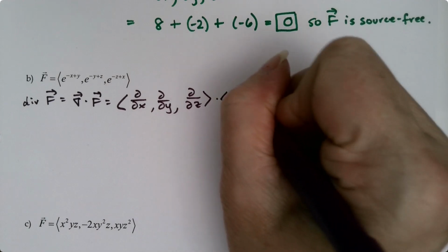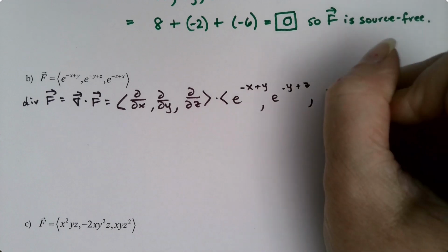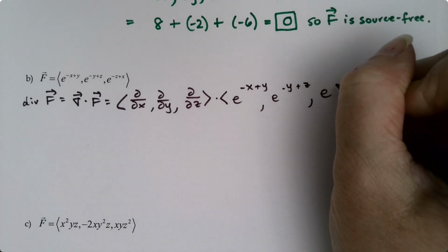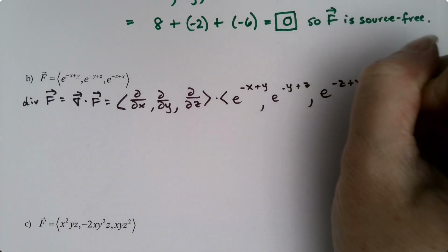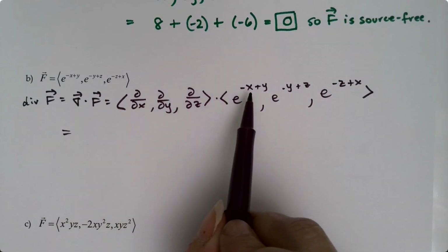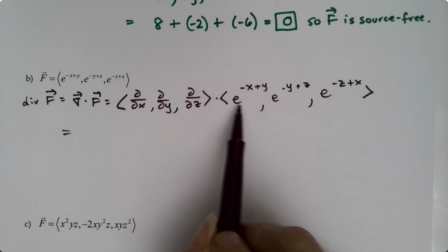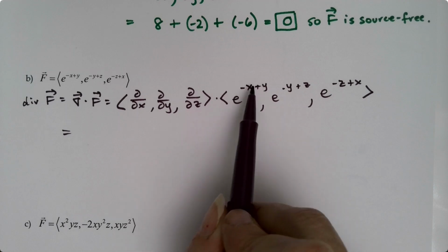We're going to have to know how to find these derivatives. Hooray for chain rule. The derivative of the first term with respect to x: well, x is in the exponent, so the derivative of e to the something is e to the something.